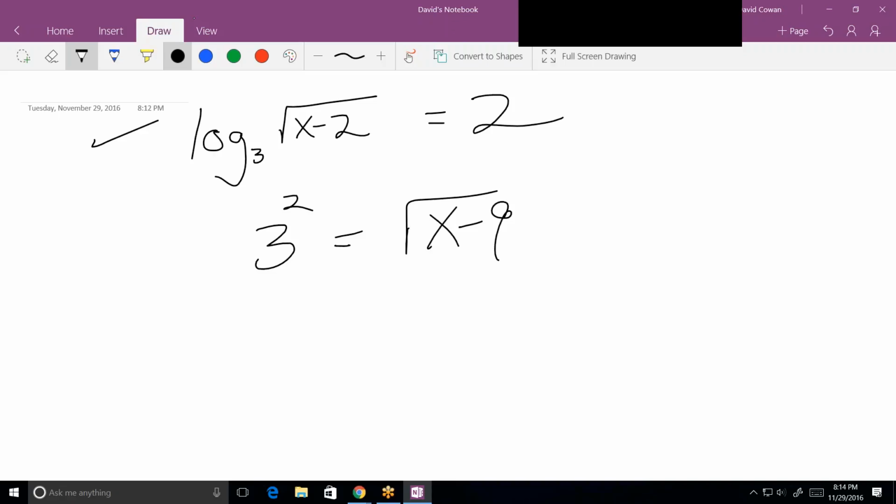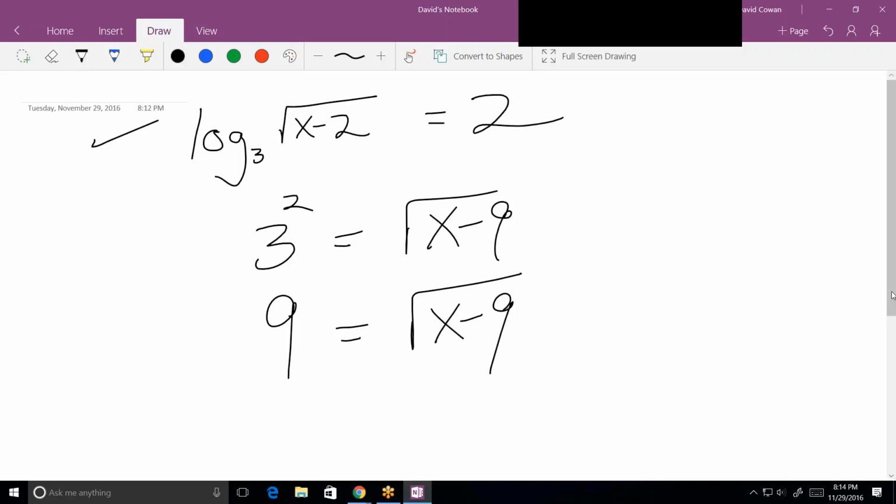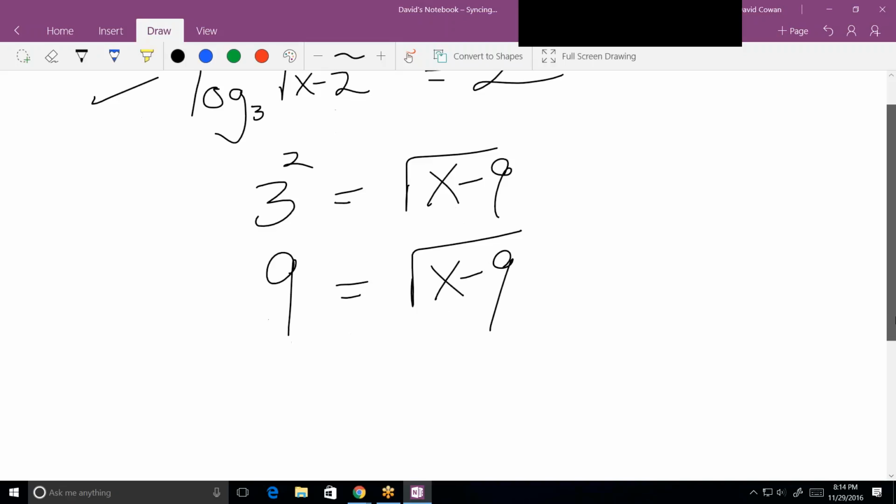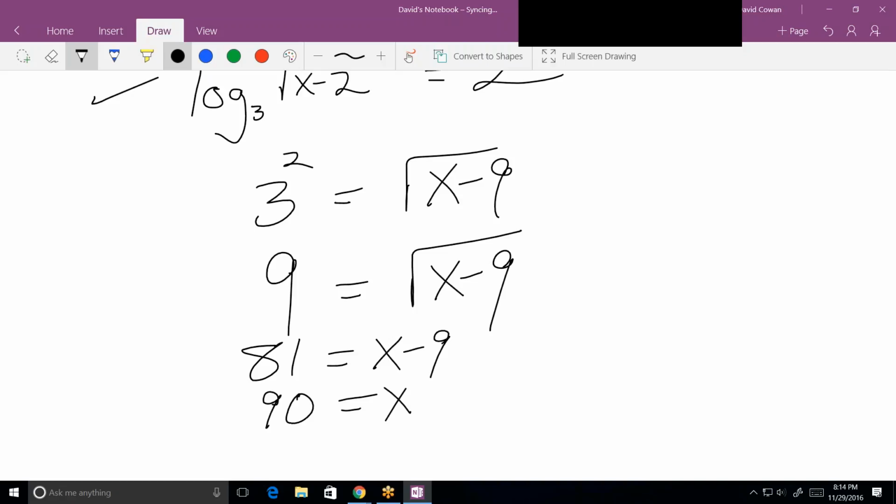Now we have an algebraic equation that we can easily solve. What's the next step? Square both sides. That gives you 81 equals x minus 9. So x equals 90, right? Wait, where did you get x minus 9?